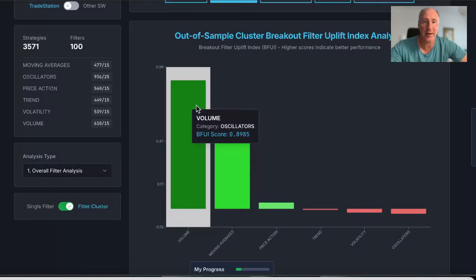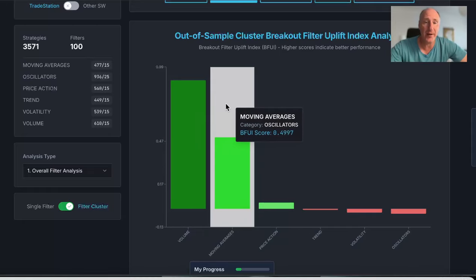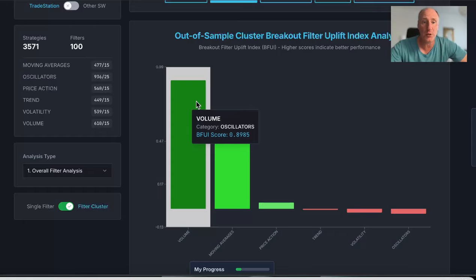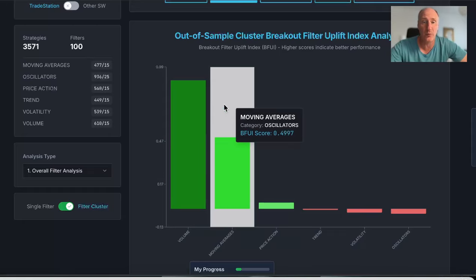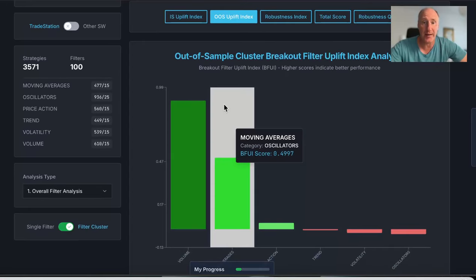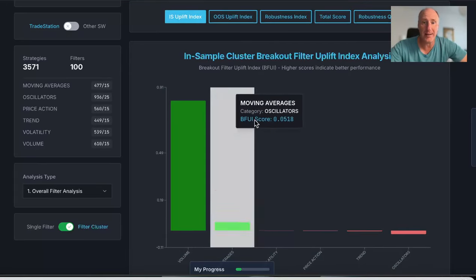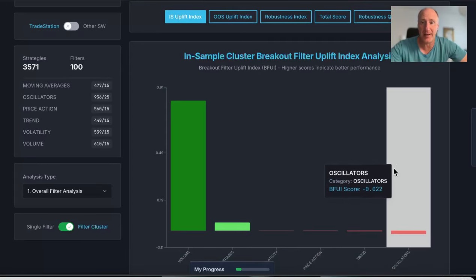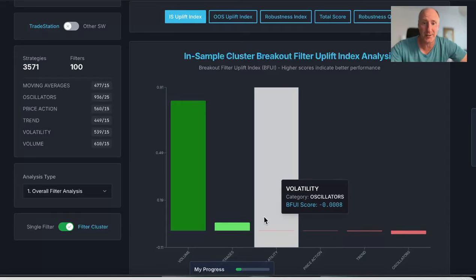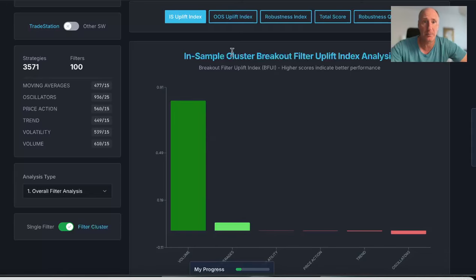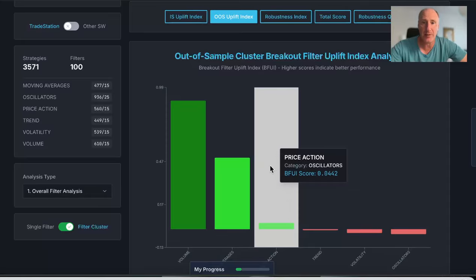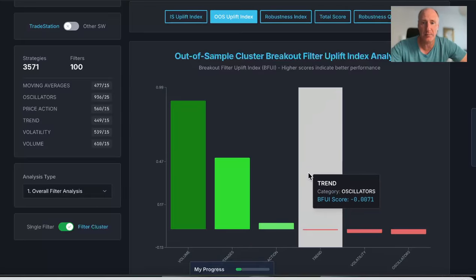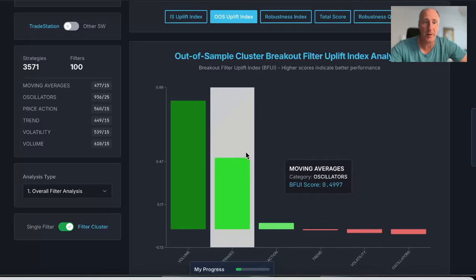So that's really comforting, that we know that both in sample and out of sample, if you focus on NASDAQ, volume and moving averages are very strong indicators overall. Now on in sample, all the other categories actually made the results worse, quite surprisingly, overall measured by the uplift index. In out of sample, price action also does improve, and the rest without much of an improvement.